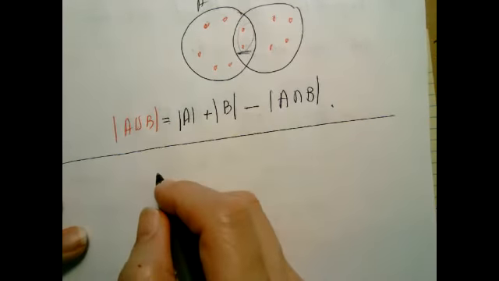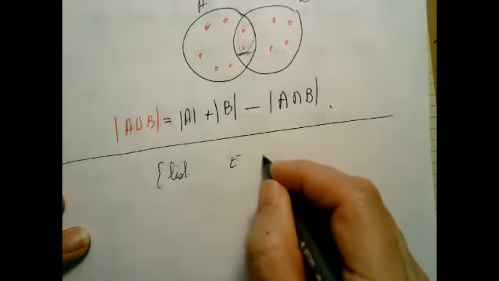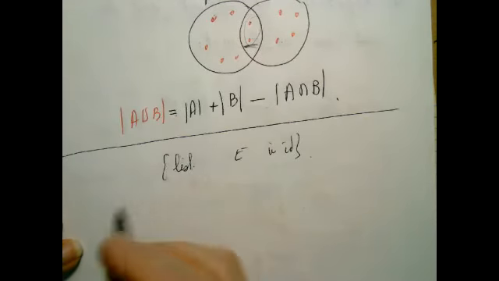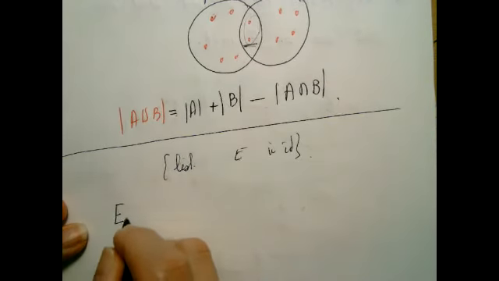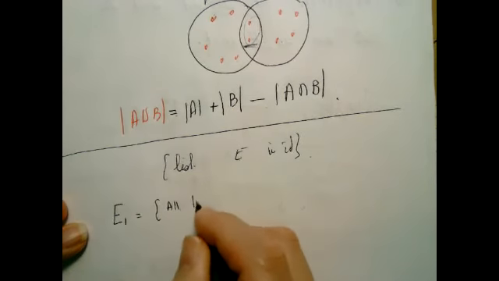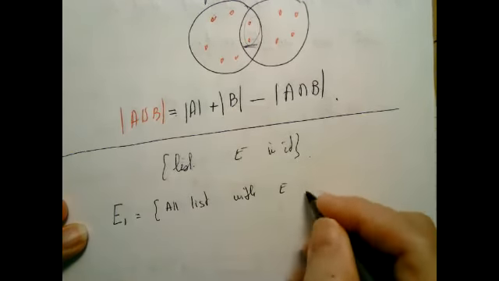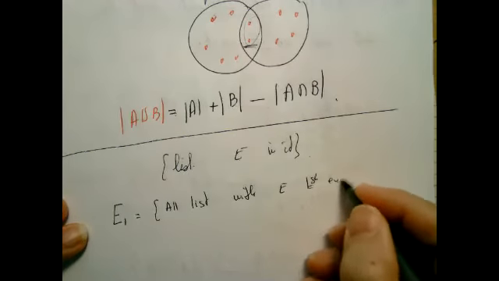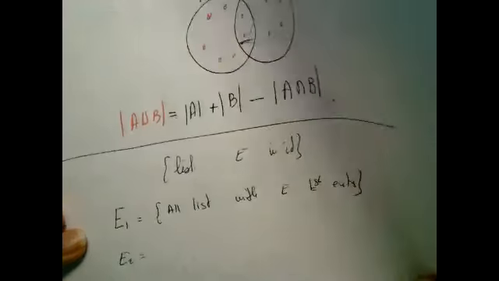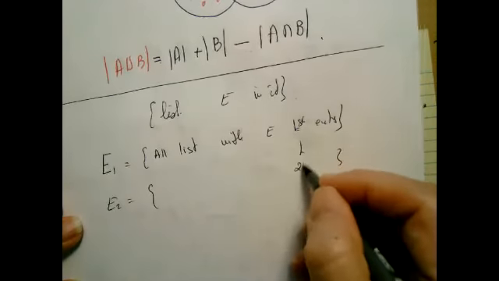We had to count all the lists with E in it. The way we did it, we actually created a bunch of sets. I'm going to call E1 all the lists with E in the first entry, and then E2, which is really what was in the back of my mind, all the lists with E in the second entry.